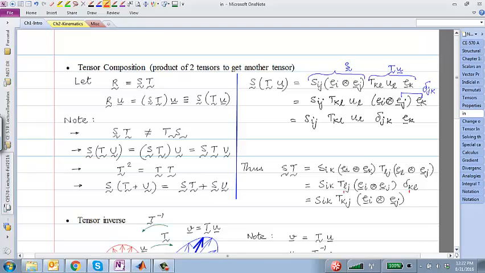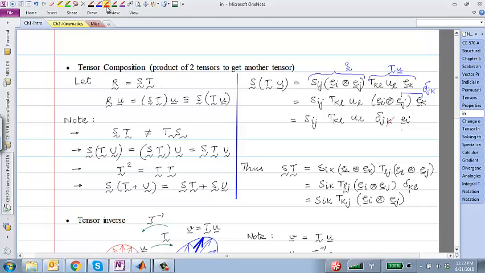I'll contract out K, replace that with J. Sorry, I have 3 Ks floating around. I made a mistake somewhere. Oh yes, thank you. So it should be E_I.